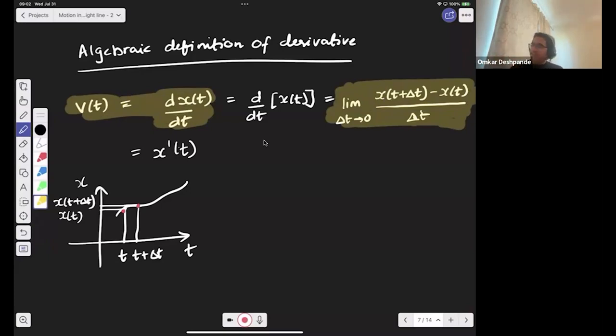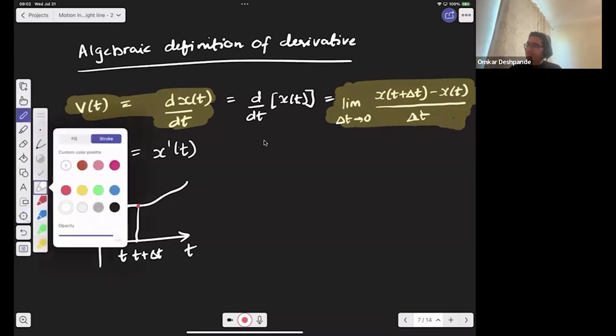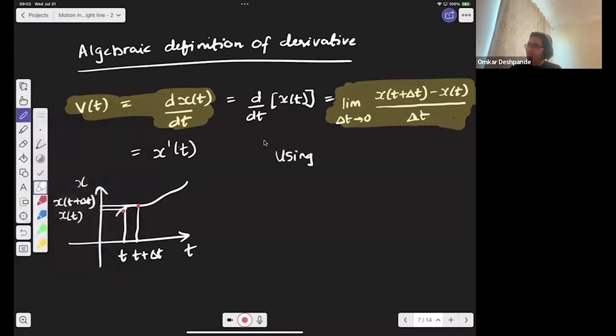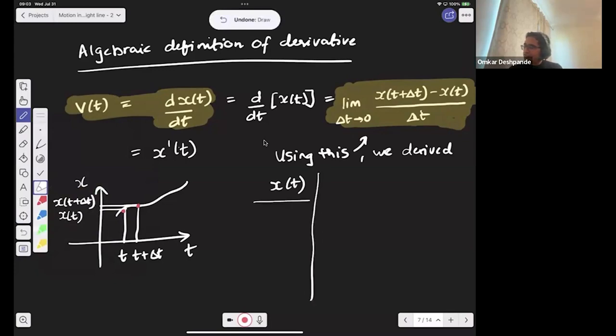And this is how you get all the formulas for the derivatives of all kinds of functions. So using this formula, last time we derived the derivatives for a bunch of, not too many, but maybe 2 or 3 examples.